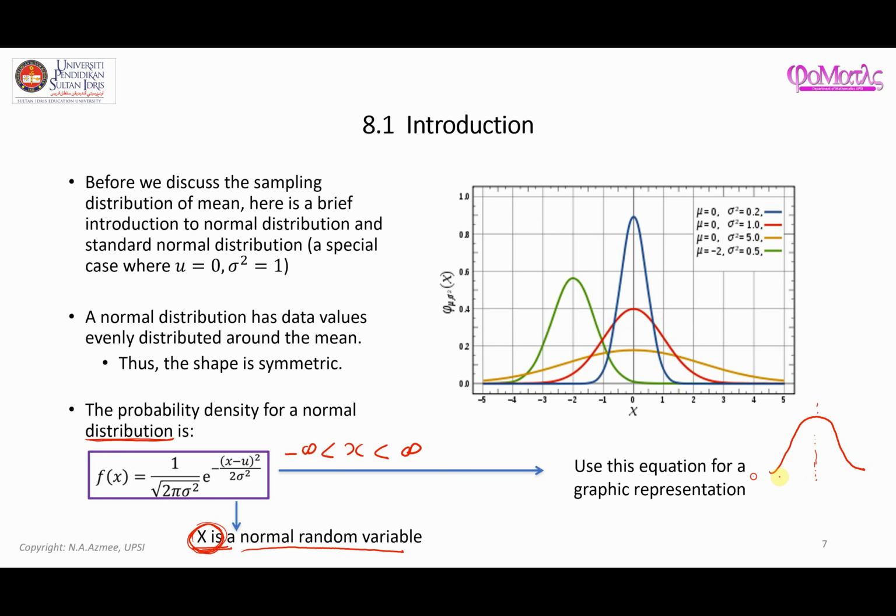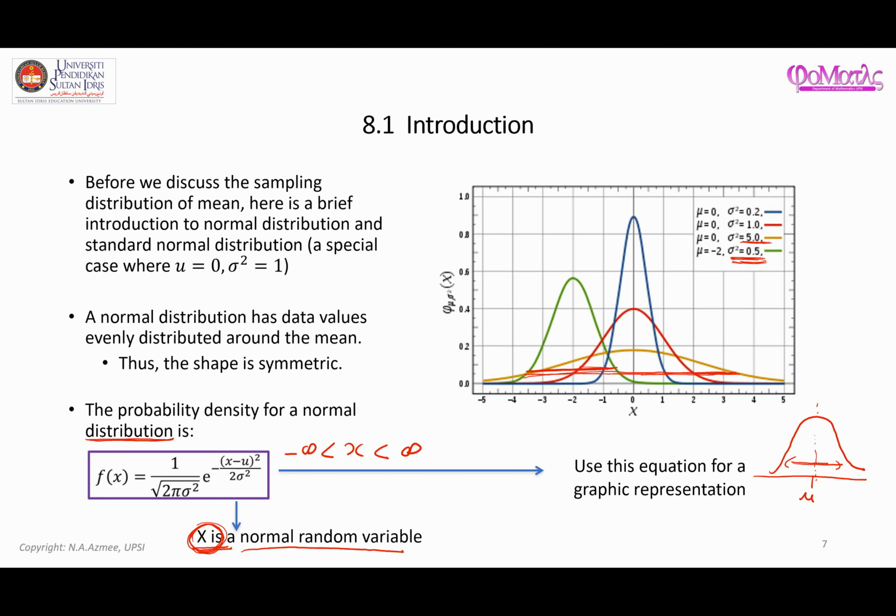At this position here will be the position of the mean, and the spread of the graph is related to the variance. For example here, when the variance is small, then the spread of the graph is this much, compared to when the variance is 5, where you can see that the values here are spread out even more.